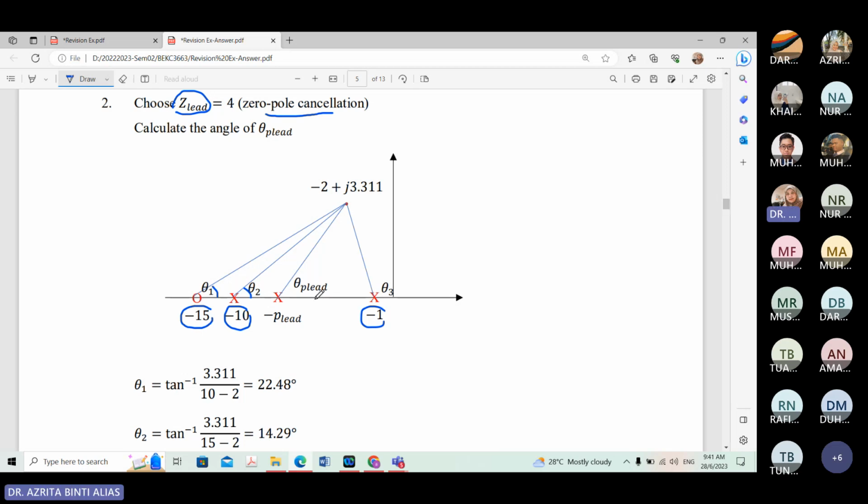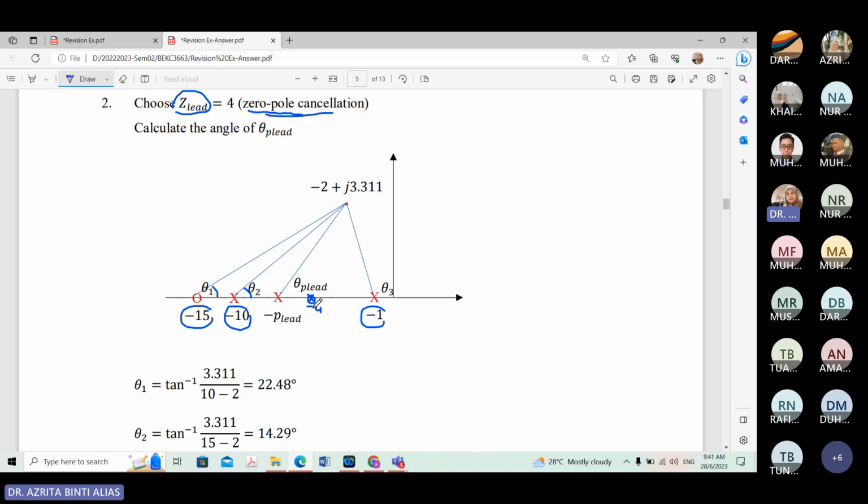Actually, we also have the pole from the system at -4 and also the Z lead, the zero, at the same location at -4. Since the pole and zero are at the same location, we have the zero pole cancellation.